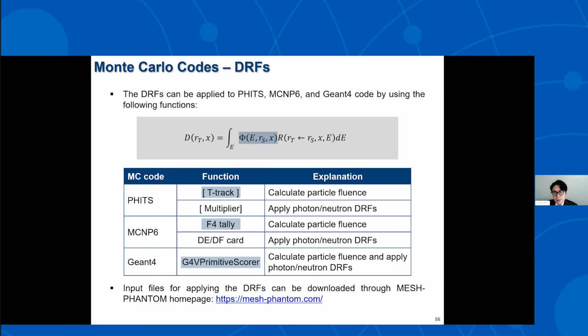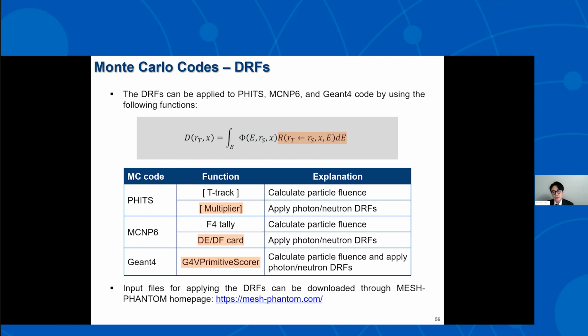And in the MCNP code, the F4 tally should be used instead of the F6 tally. Also, to multiply those response functions corresponding to incident energies, in the Geant4 code, the multiplier section should be used. And in the MCNP code, DE and DF cards should be used.